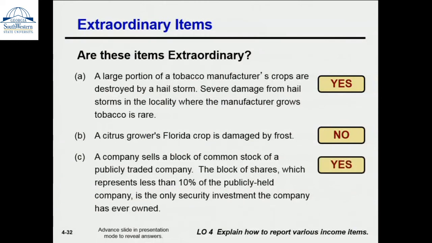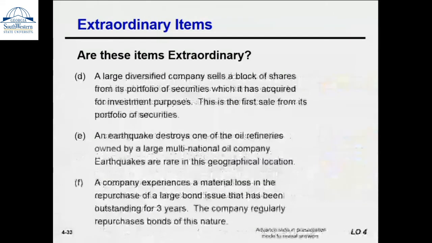Now, they sell the only investment they ever had. This is the clue here. They sell some stock in a company, and it's the only investment they ever had. And so this is definitely infrequent, okay? On the next one, they have a whole lot of stock, and they had their first sale, but they're probably going to have several more, so that's not an extraordinary item.